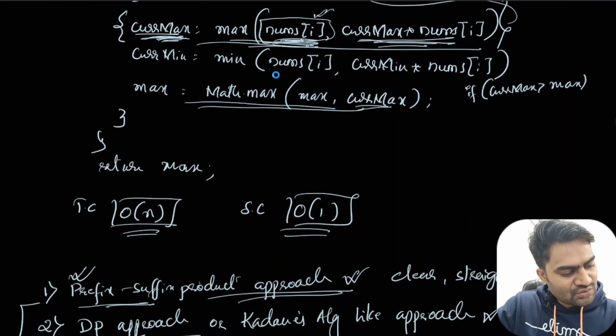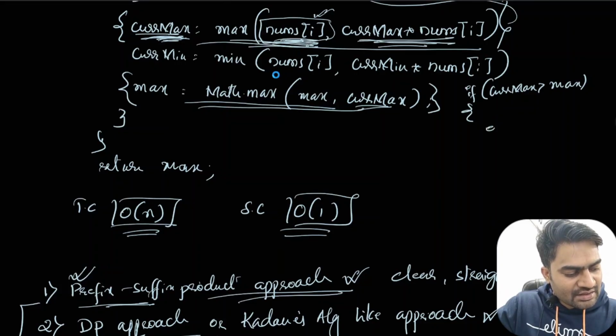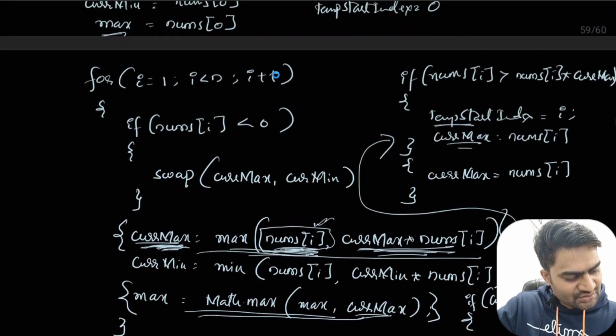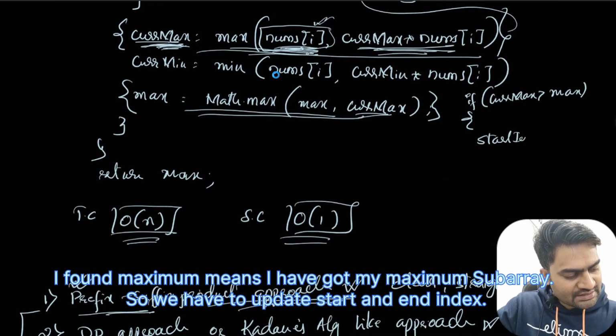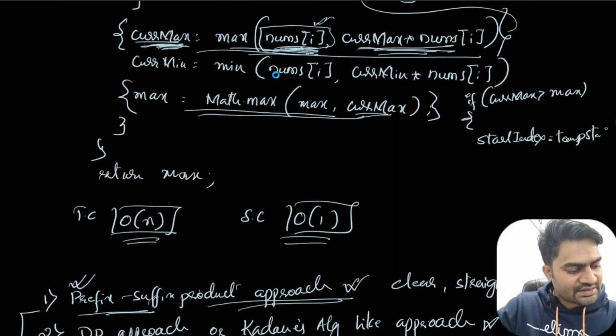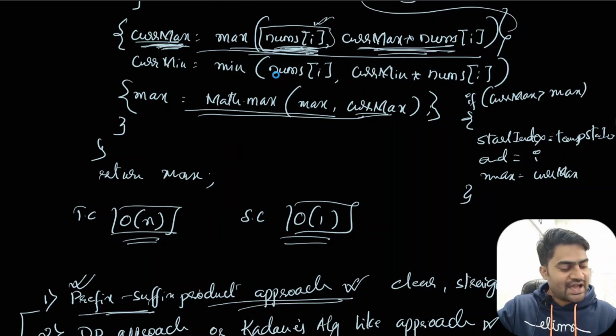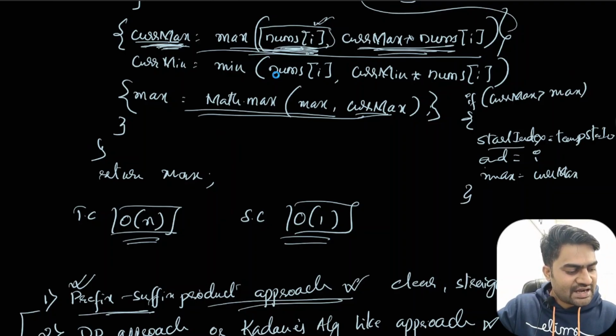Then, instead of this particular line, I will set my actual start index equal to my temporary start index, then my end equal to the current index I. Then I will also update my max equal to my current max.